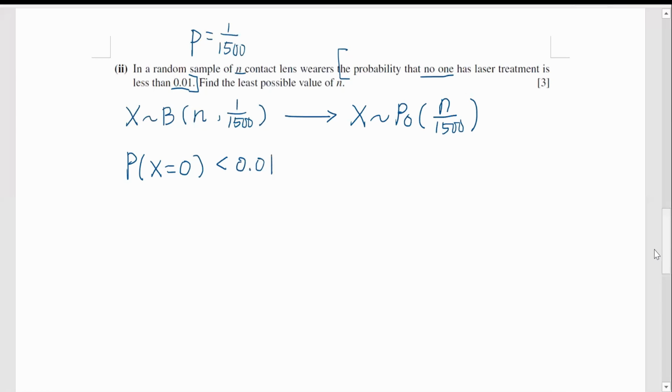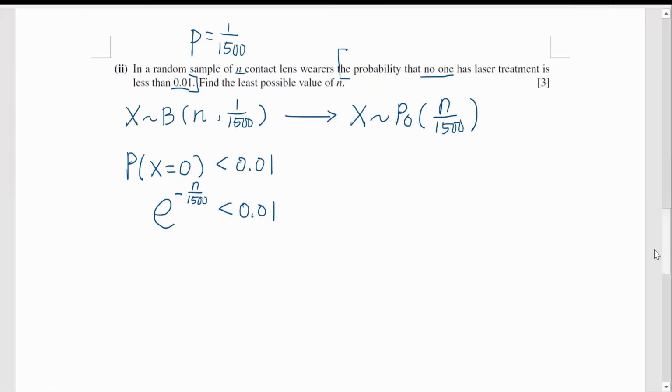This calculation is to determine n, the random sample. Using the approximation, the formula for x equals 0 is e to the power of negative the mean, negative n over 1005, and it should be less than 0.01.